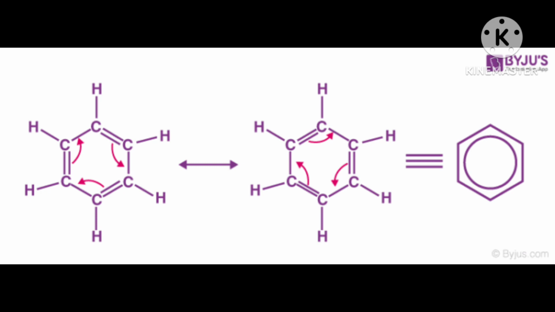Then here you see the two structures are less important contributors. Why? Because they involve charge separation. Additionally, structure 1 contains a carbon atom with an incomplete octet.